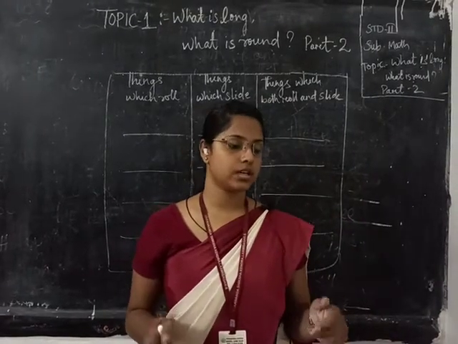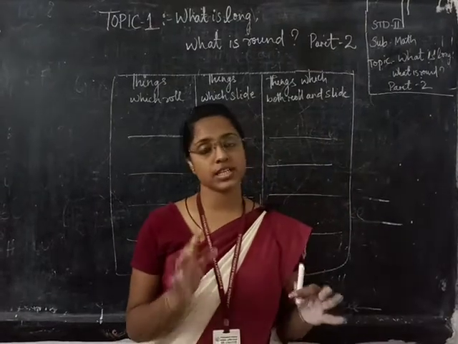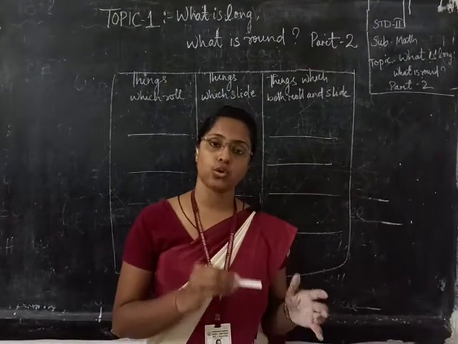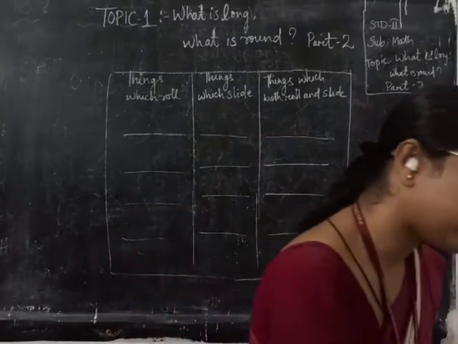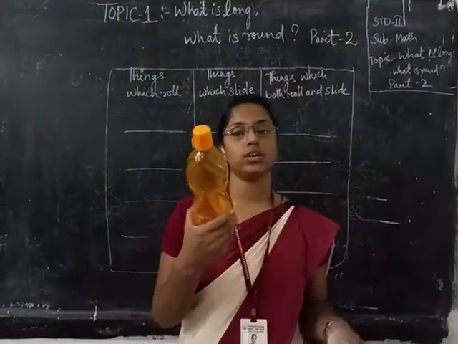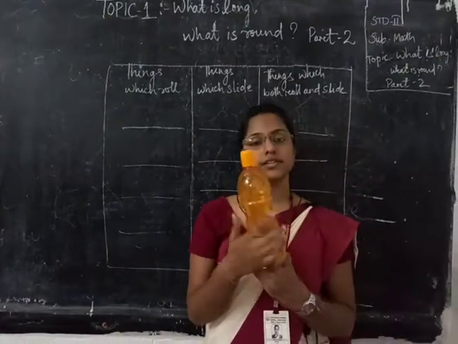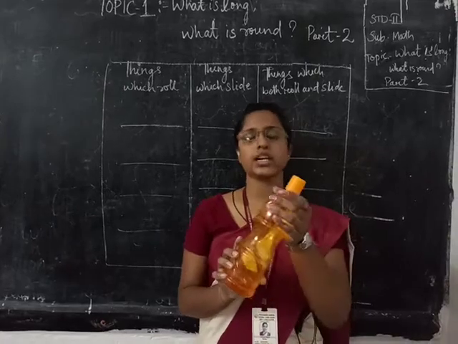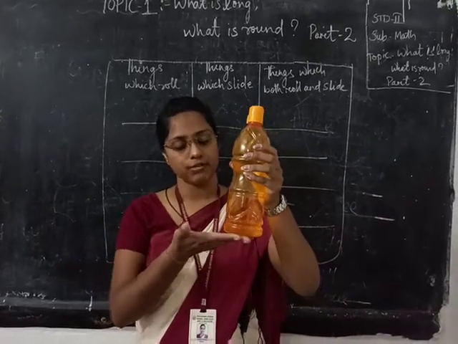Now in this chapter, some objects can roll as well as slide. For example, if I take this water bottle, it has a curved surface, and it also has a flat surface.